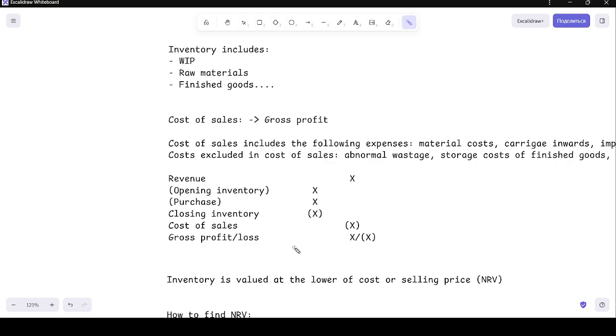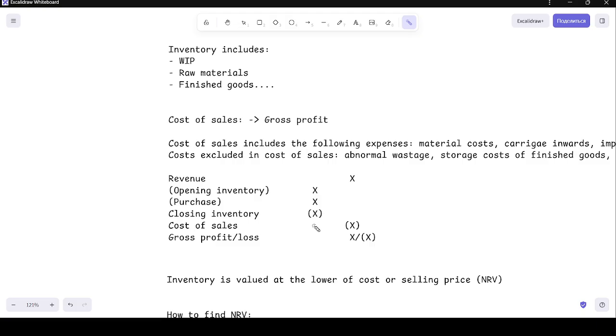Okay, there is also one theory that the higher the closing inventory, the higher the profit, and you have to learn this by heart. That means they are directly proportional, our profit and closing inventory, because closing inventory reduces our cost of sales, which means it reduces our expenses to give more profit.